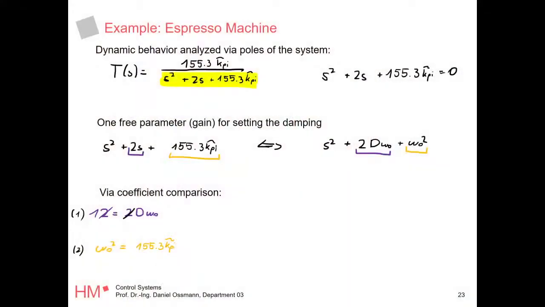We're going to set the damping to a certain value we would like to have, and then we compute the gain, right? So we just set one of these three values. And I think a couple of slides before, we said we want to have a damping of 0.9. Okay, so let's compute this KPI from this equation. You have omega 0 squared here, so you can write omega 0 squared from that equation as nothing but 1 over d squared, right?